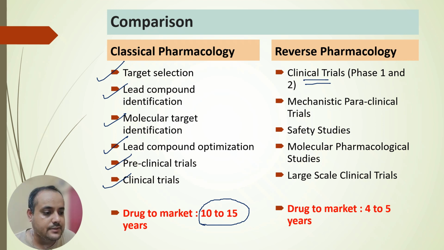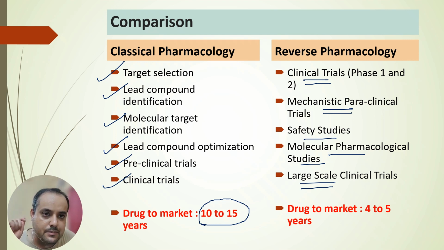From there we can move on to the mechanistic paraclinical trials, then the safety studies, then the molecular pharmacological studies, and finally the large scale clinical trials. So we are starting from the clinical trials and going on to the laboratories. But the most important aspect is that for a drug to come into the market, it takes 4 to 5 years in comparison to 10 to 15 years of the classical pathway.